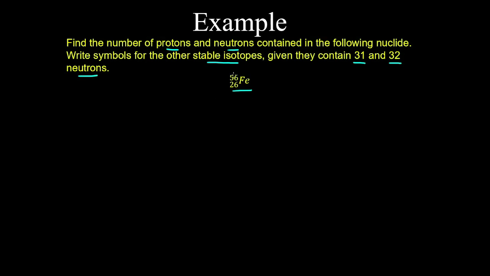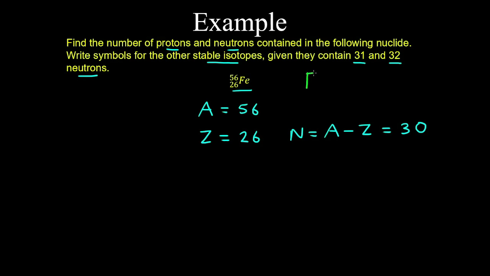Well, here we have the mass number, or nuclide number, being 56, and the atomic number is the number of protons, being 26. So therefore the number of neutrons is the nuclide number minus the atomic number, which gives 30 neutrons.